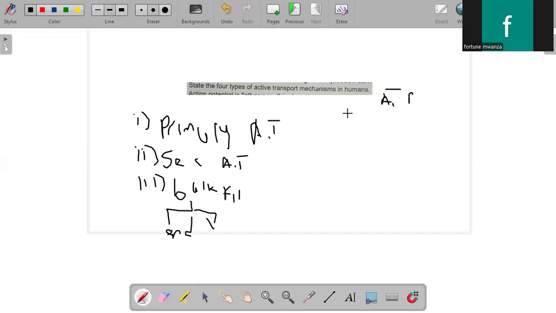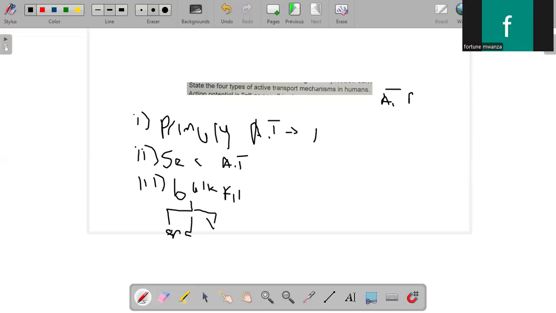Let me start with primary. As usual, it will need ATP. Under primary, you have your ATP directly moving substances across the cell membrane, so you are getting your energy directly from ATP. That ATP is used to move substances across the membrane.